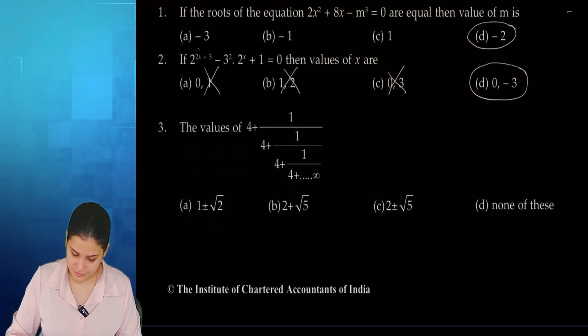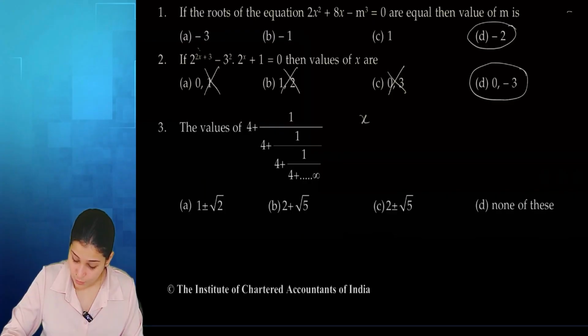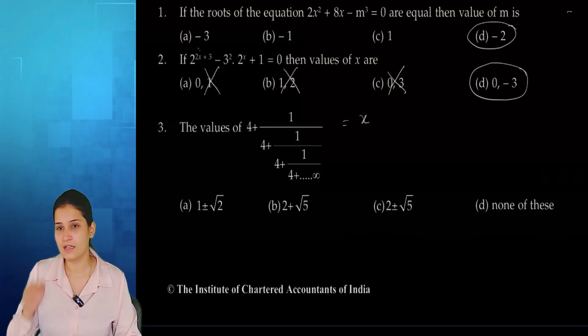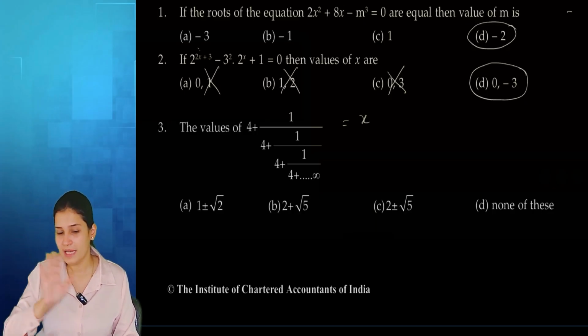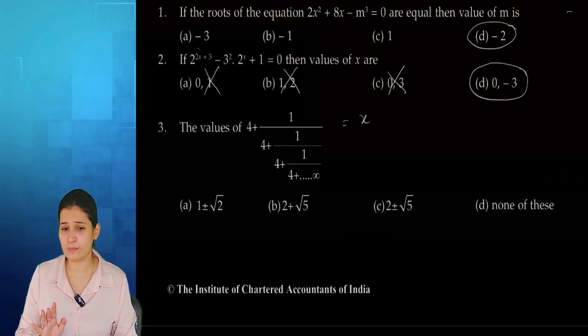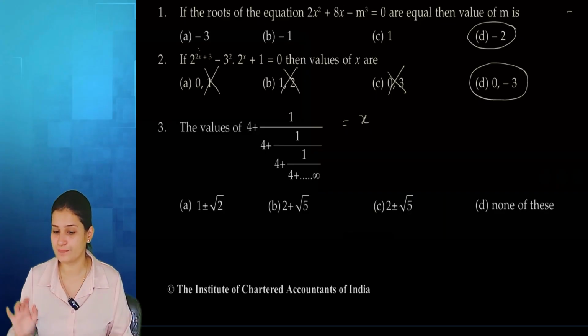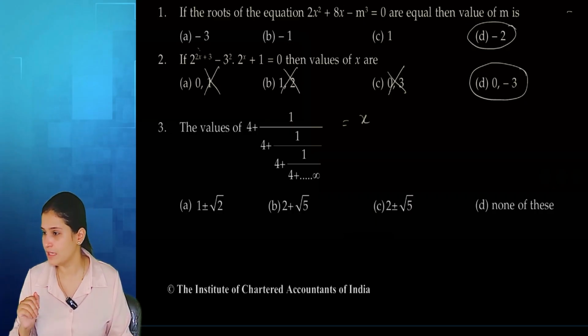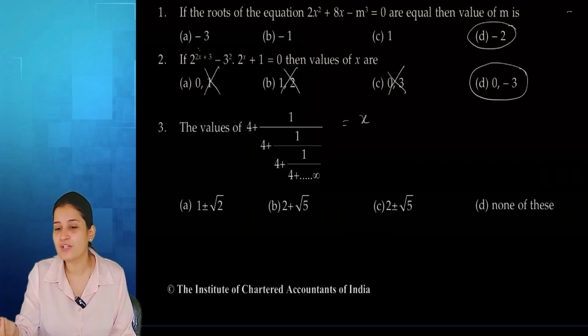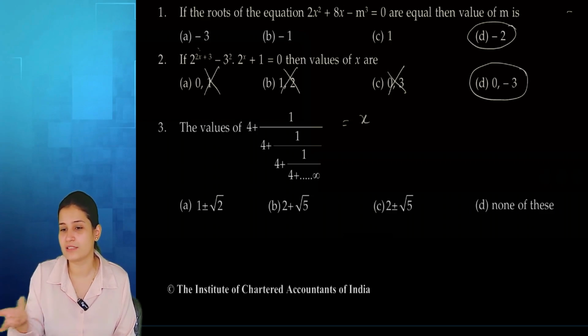Question number 3. Now this is a new one. Suppose I give the name x. Now what is my x if you see the pattern? 4 plus 1 upon, again 4 plus 1 upon, again 4 plus 1 upon, and that goes on till infinity. So infinite times I have 4 plus 1 upon. That means if I just remove a drop of water from the ocean or a bucket of water, it doesn't matter.